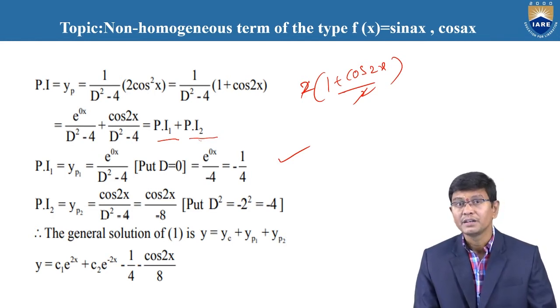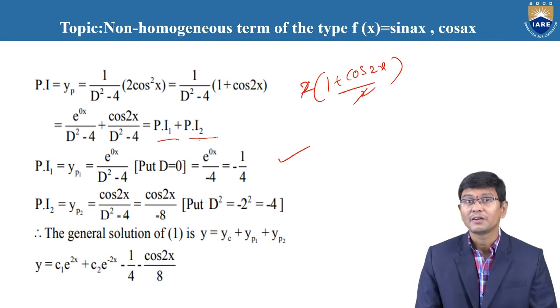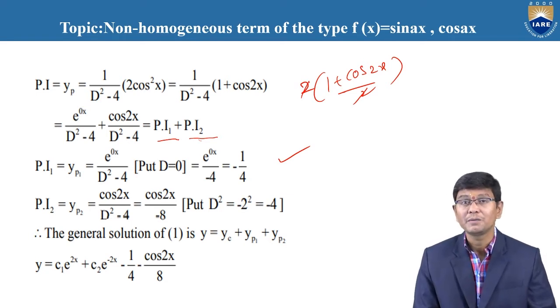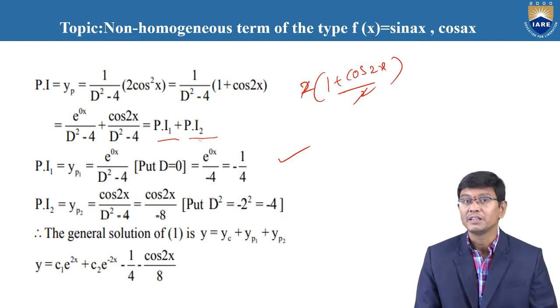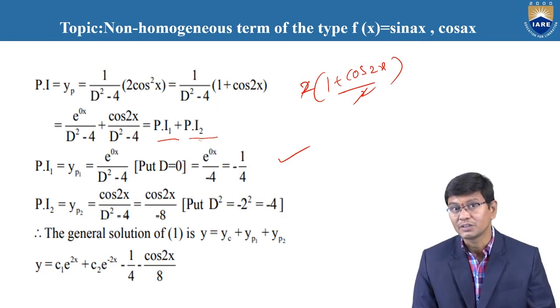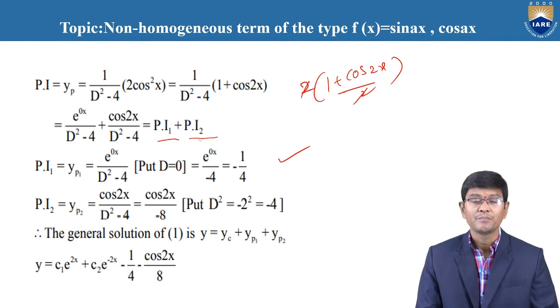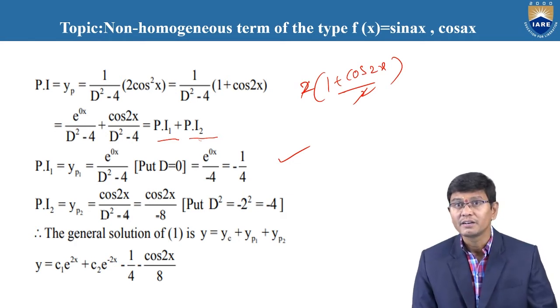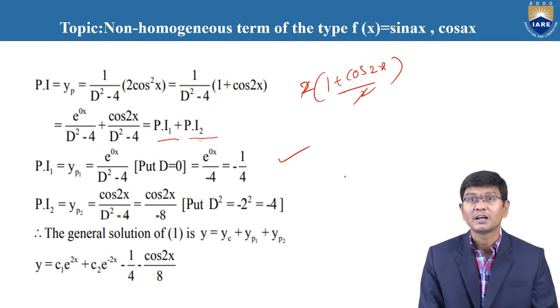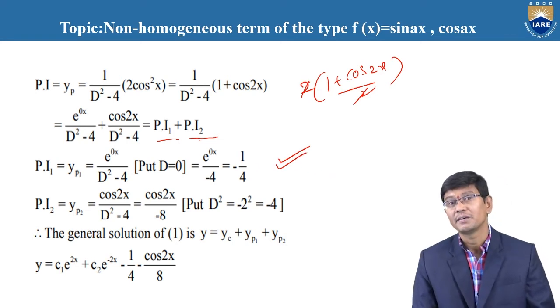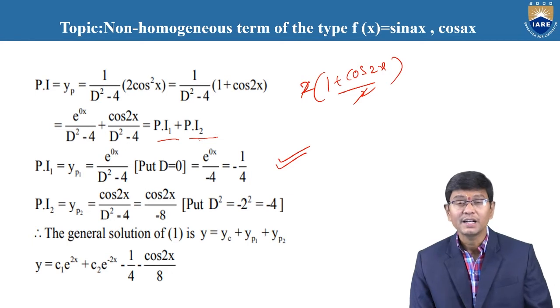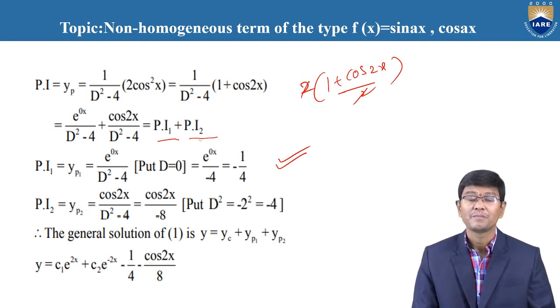This is the e power ax case, case 1, where you replace d equal to a, following the previous class, type 1. When you replace d equal to 0, the denominator is clearly minus 4. Therefore, the particular integral yp1 is equal to minus 1 by 4.